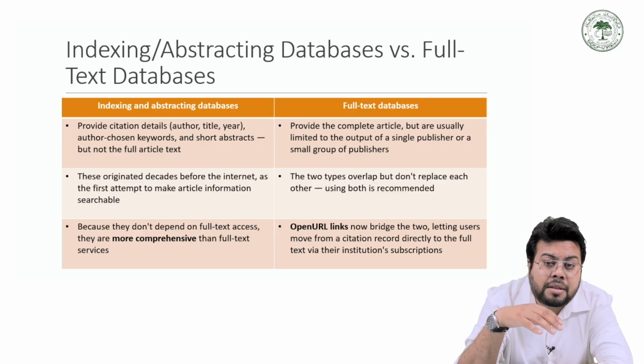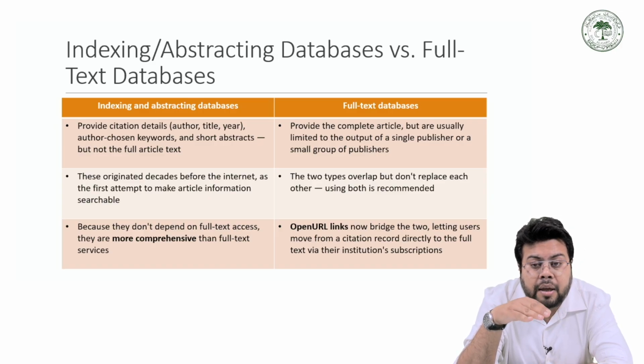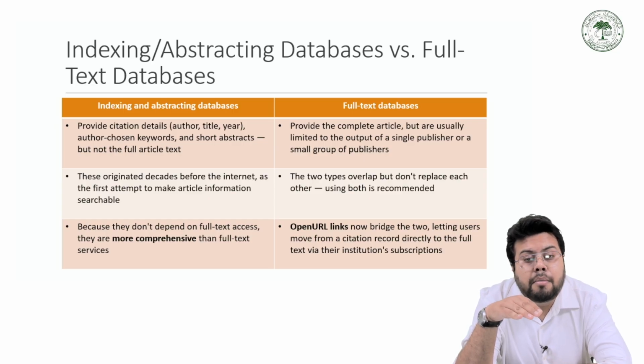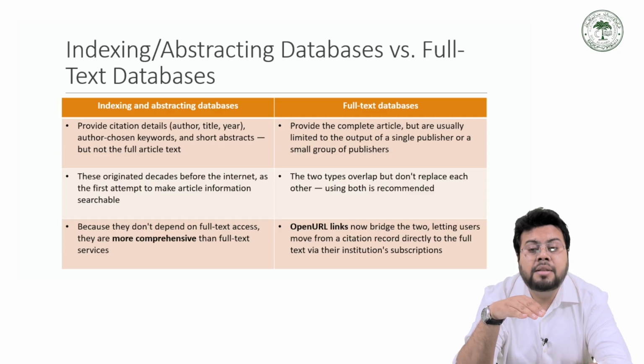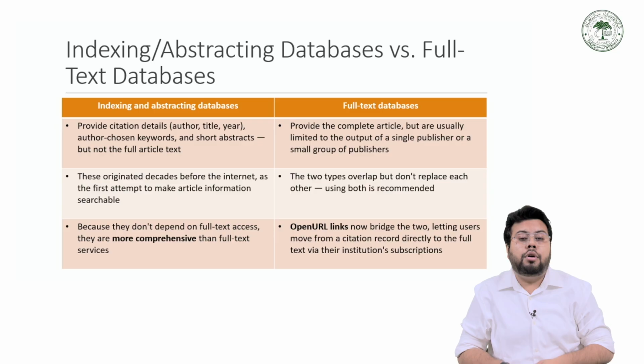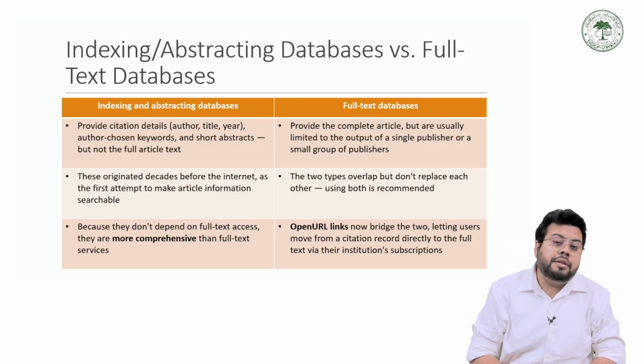Then full text databases are different. They give you the entire article, but because a publisher makes more money selling the full text, a full text database is usually tied to one publisher or a small cluster of publishers.